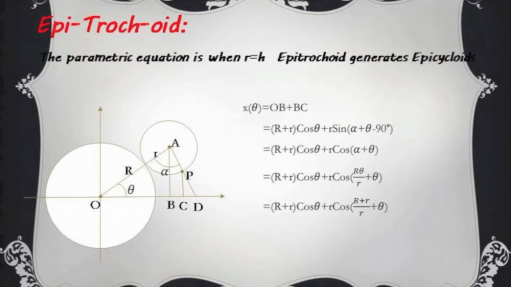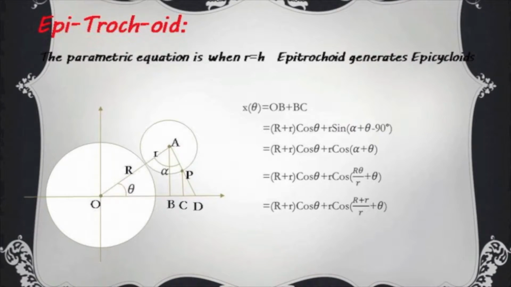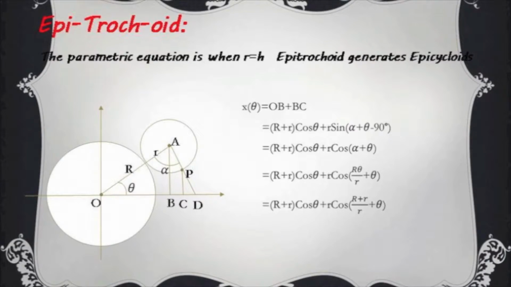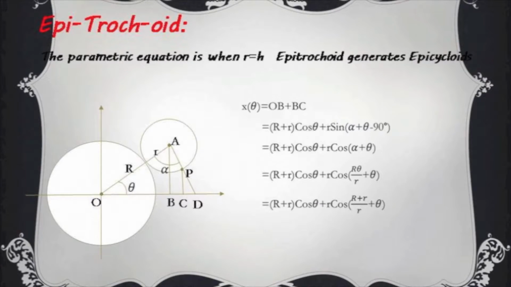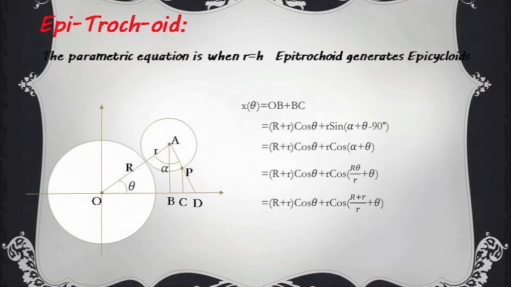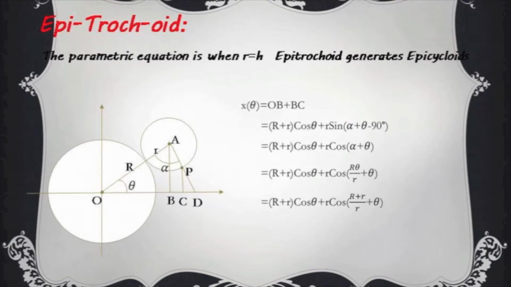Here we change alpha to r theta over small r, as we already know from the previous slide. So it becomes small r cosine of (r theta over small r plus theta). And then we finally find that x theta equals (r plus small r) cosine theta plus small r cosine of ((r plus small r) over small r times theta).